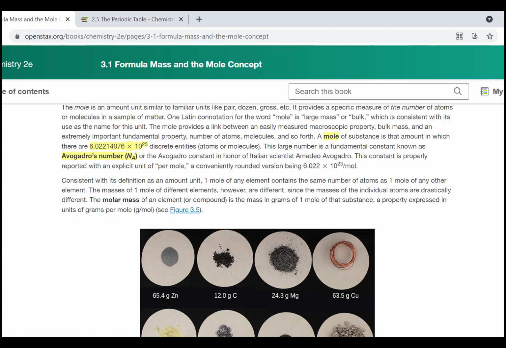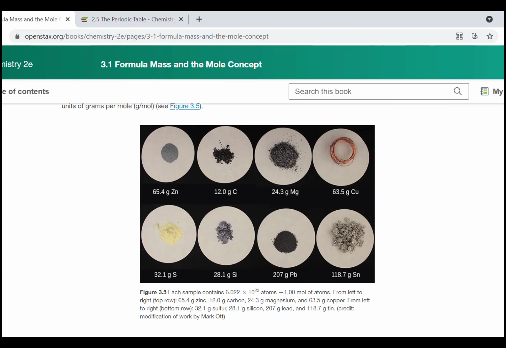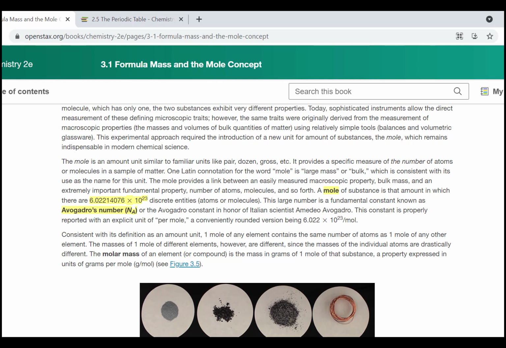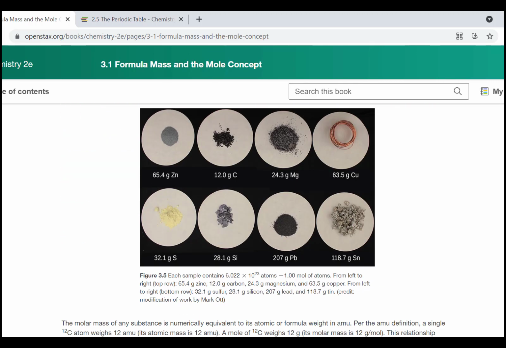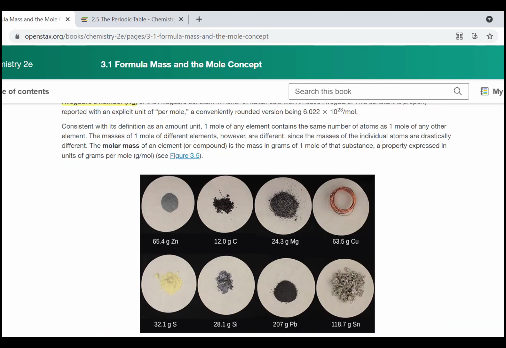So the reason we do it in that way is because the mole concept becomes very useful not for counting atoms per se, but for dealing with macroscopic quantities of matter. And we're seeing a picture here showing some of those macroscopic quantities.